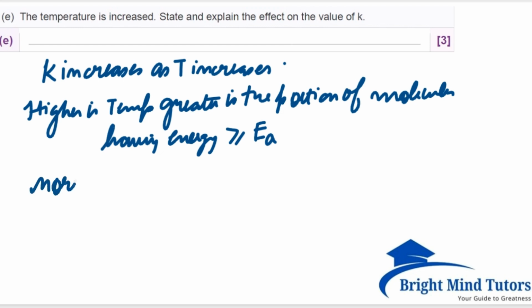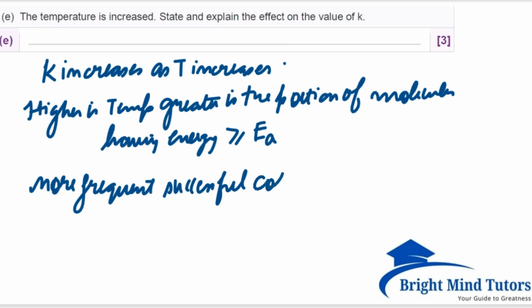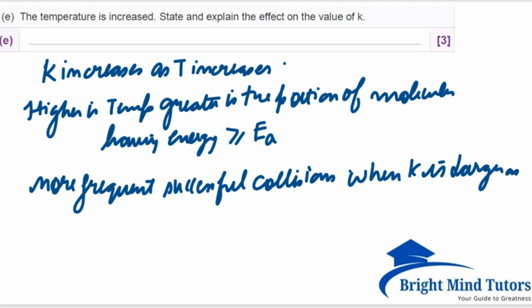So we can say that we will be having more frequent successful collisions, and successful collisions will be there when the K value is larger as the temperature increases.